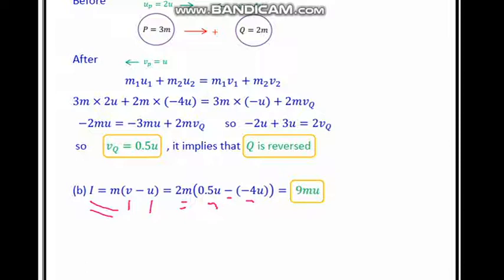So 2 multiplied by half minus negative 4, it means half plus 4 which is 4.5. Now we have 2 times 4.5, which is 9. 9m times u will be 9mu. I hope you got it.